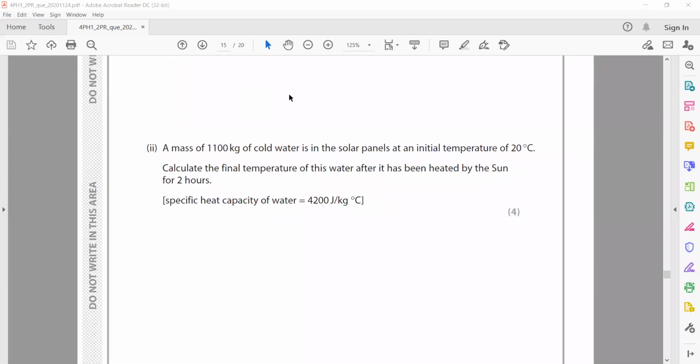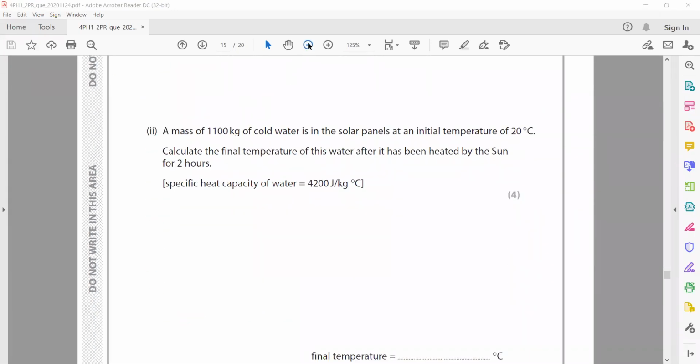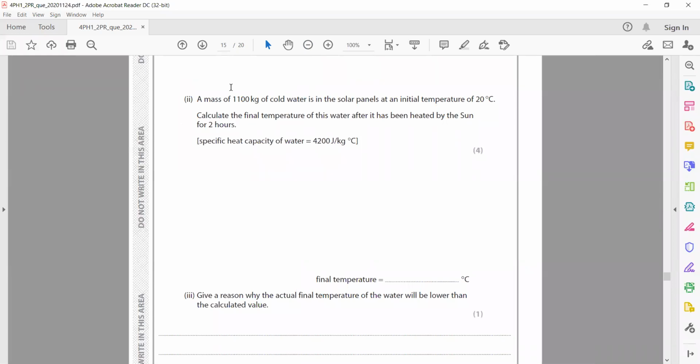The mass of 1100 kilograms of cold water is in a solar panel. Initial temperature 20. Calculate the final temperature of this water after being heated for 2 hours. So we have the formula Q equals c m delta T. The energy taken in is 108 megajoules.